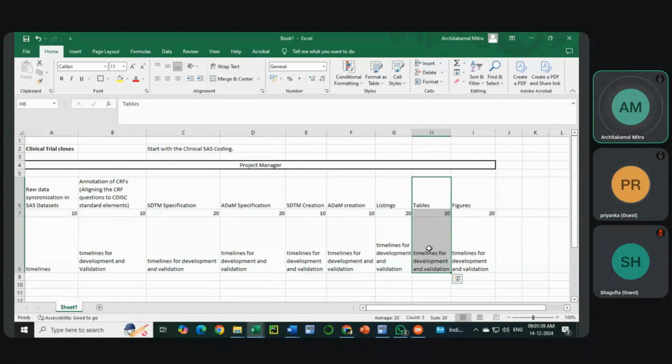If the values don't match, they will ask you to revisit what exactly has happened, what values you have taken, why it is not coming up, and whether the SAS programming is correct. That is where the complexity lies. So people who have a bit more experience are given these efficacy tables.